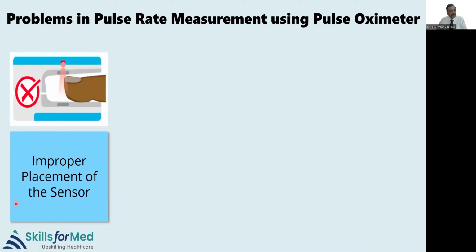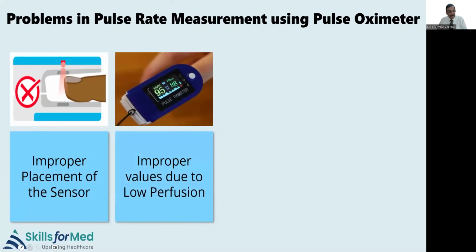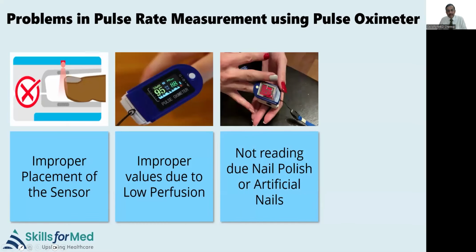If you don't place it properly, you can get a false reading. Then improper values due to low perfusion. You see that all the time. Patients who are in shock, or when it is very cold, the pulse oximeter will not read. Then you have to warm the extremities or put a blanket and then do the pulse oximetry. Not reading due to nail polish or artificial nails is a common problem, so you have to make sure that they are removed.